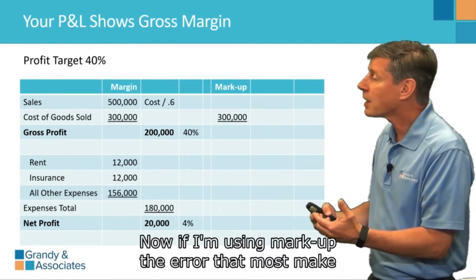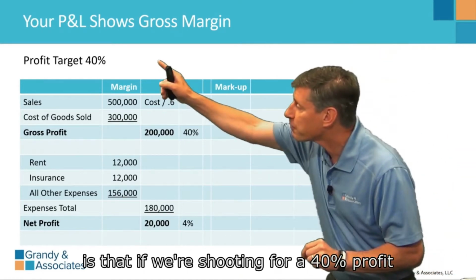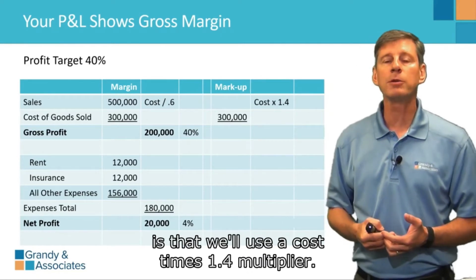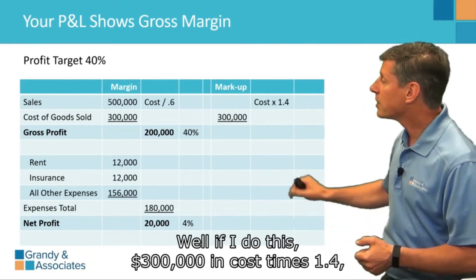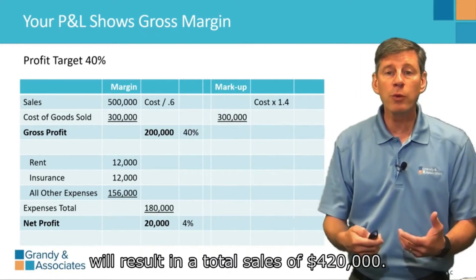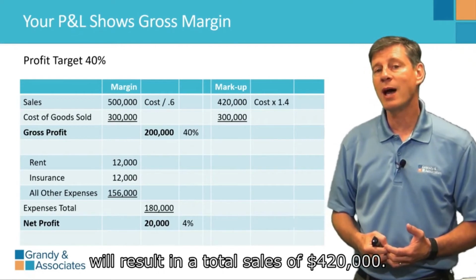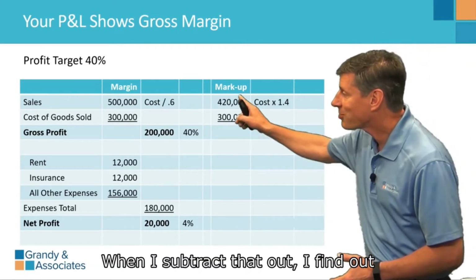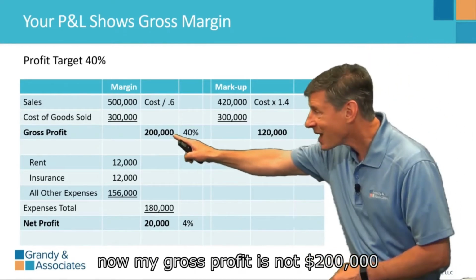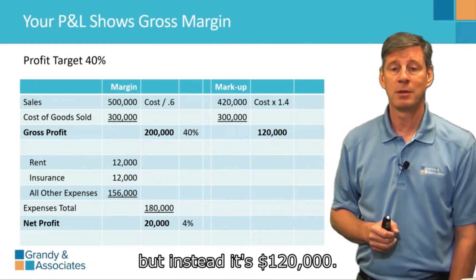Now, if I'm using markup, the error that most make is that if we're shooting for a 40% profit, we'll use a cost times 1.4 multiplier. Well, if I do this, $300,000 in cost times 1.4 will result in total sales of $420,000. When I subtract that out, I find out now my gross profit is not $200,000, but instead it's $120,000.